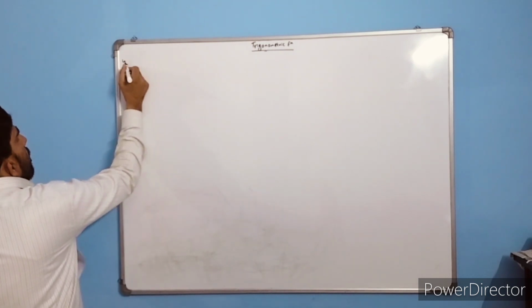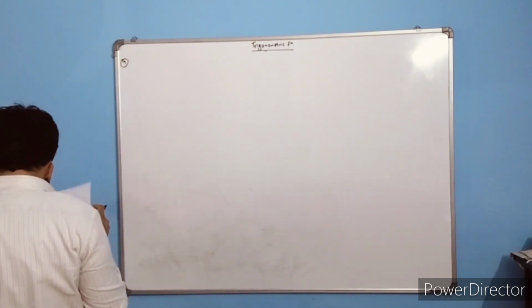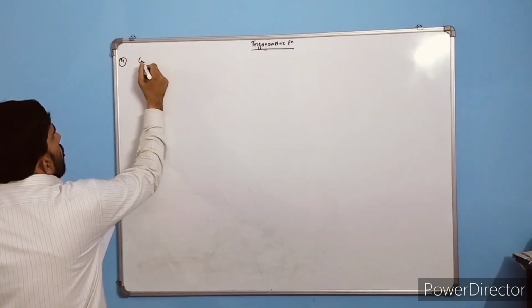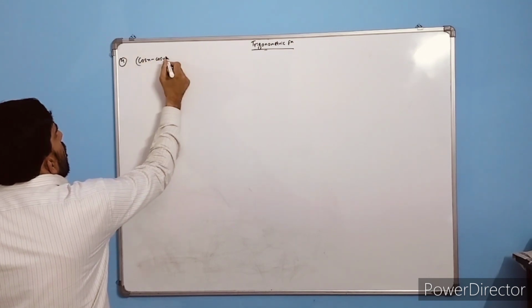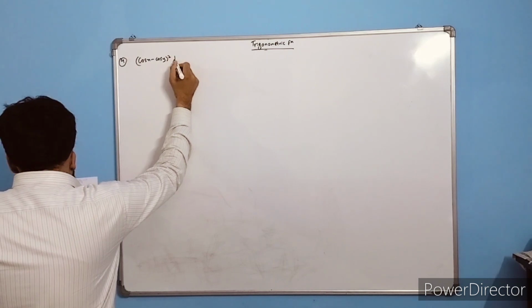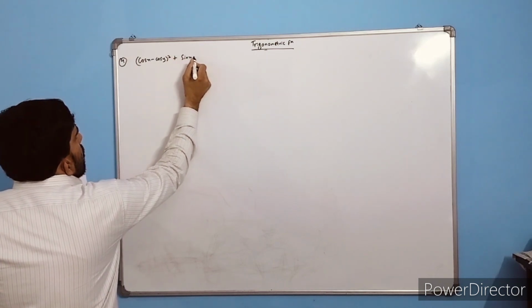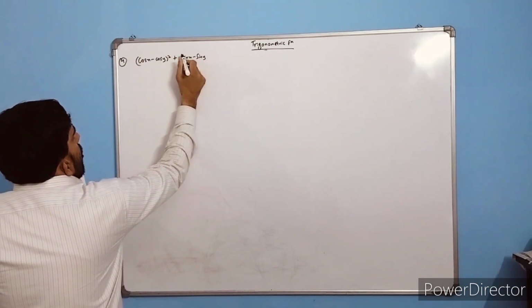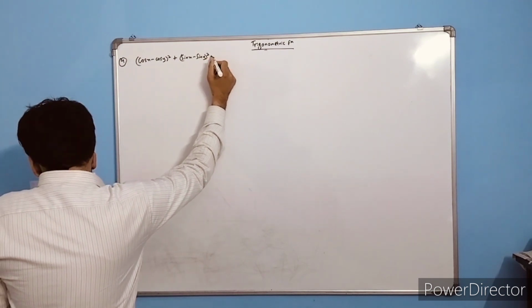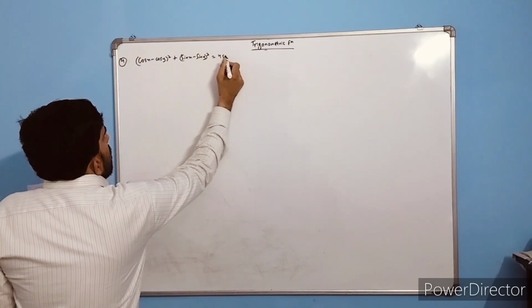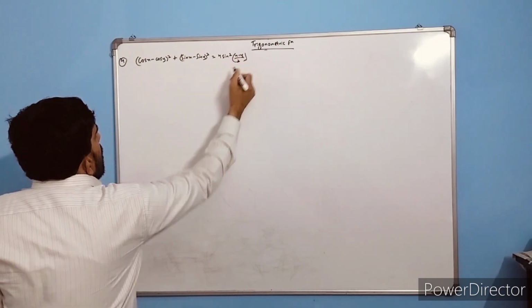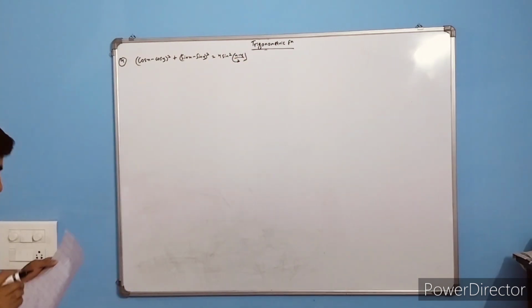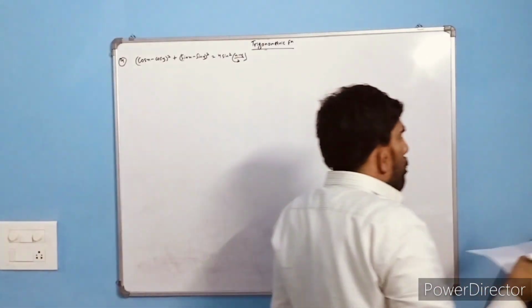The 4th numerical is saying (cos x minus cos y) whole square plus (sin x minus sin y) whole square is equal to 4 sin square (x minus y) by 2. Okay, so this we need to prove.